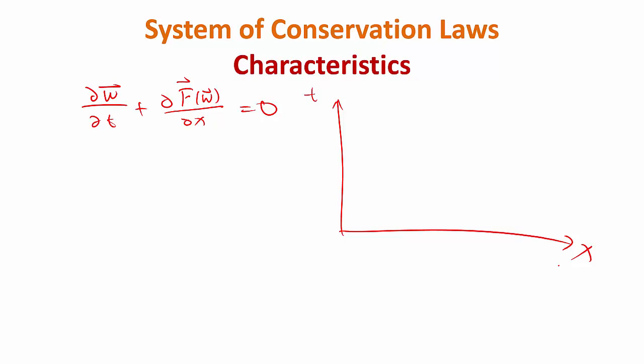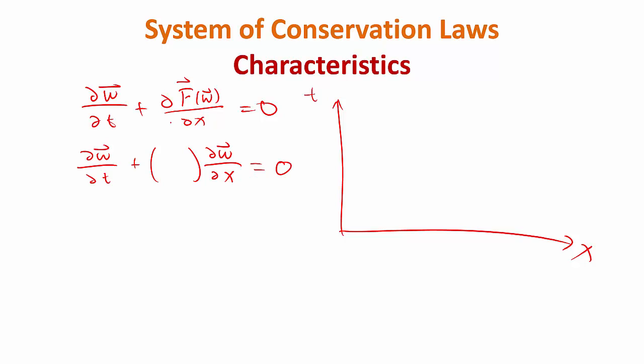What's interesting is in the scalar world, we can derive the characteristics by differentiating this f, right? So in the scalar world, we can take a wave speed out of this partial omega partial x equal to 0.